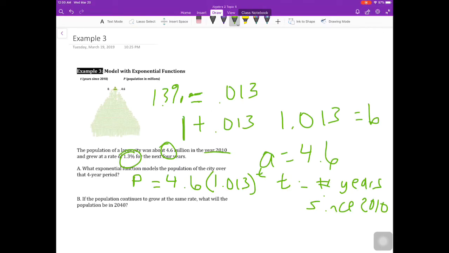And then 4.6 again is our initial population. Goodness sakes, I hope you guys can read all of this. I know you can't, but just work with it. And then your P is your population after that number of years.